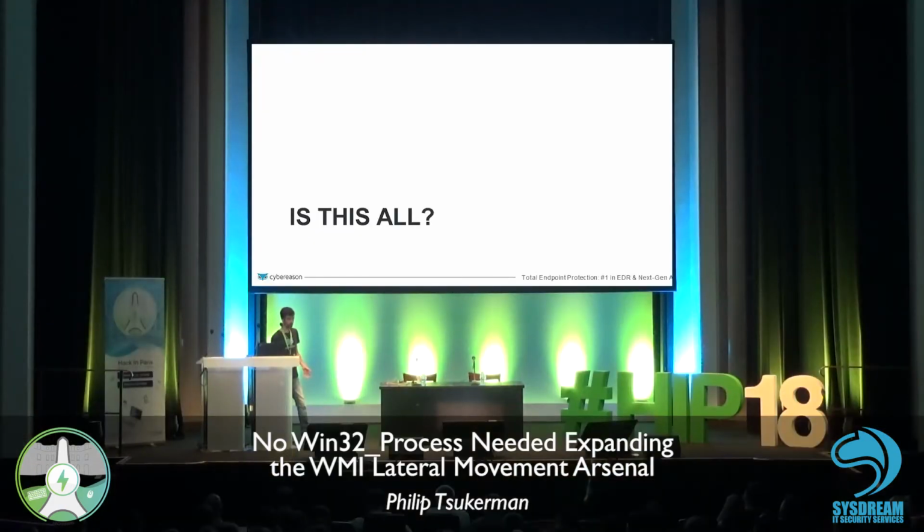Now, this one method is pretty much classic lateral movement using WMI. But there are actually a couple of ways to avoid using the Win32 process class to move laterally. If your adversary or the defender is looking for Win32 process, you could use some other stuff.